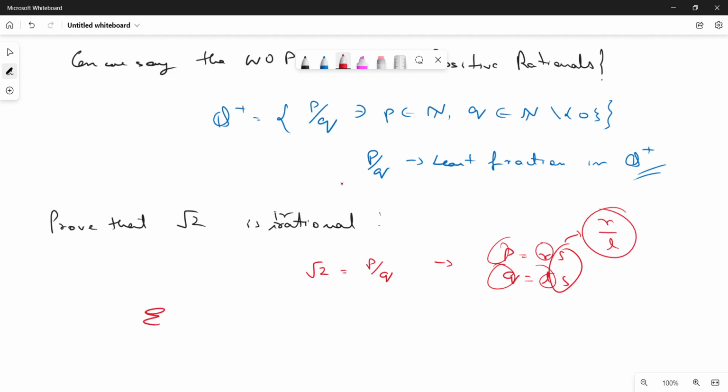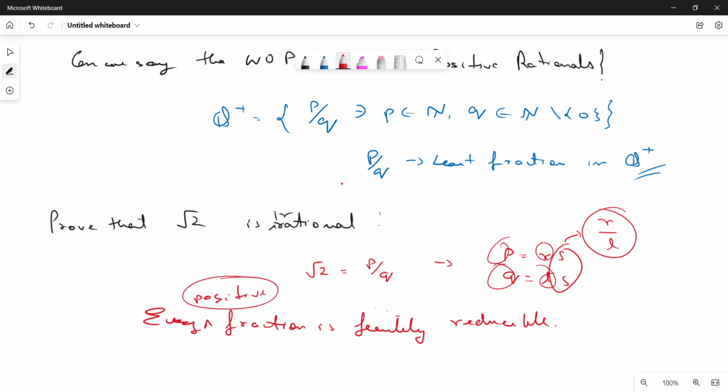Every fraction is finitely reducible, because at some point it will reach its least possible state. Every positive fraction is finitely reducible.